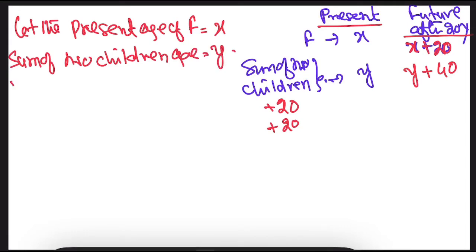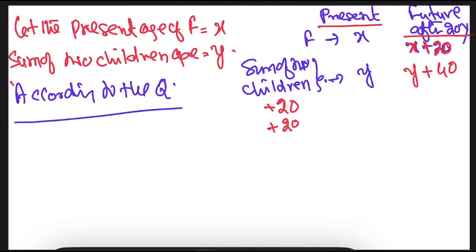So now what we shall do, according to the question, the present age of father is x. He is saying about the present age: the father's age is equal to twice the sum of the ages of his two children.